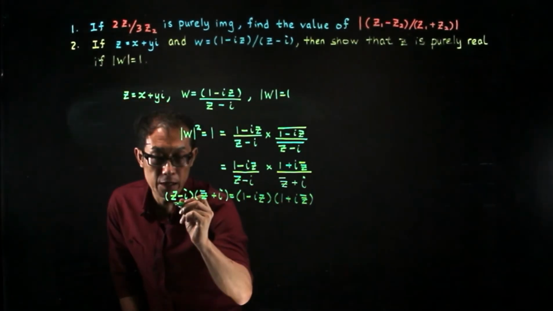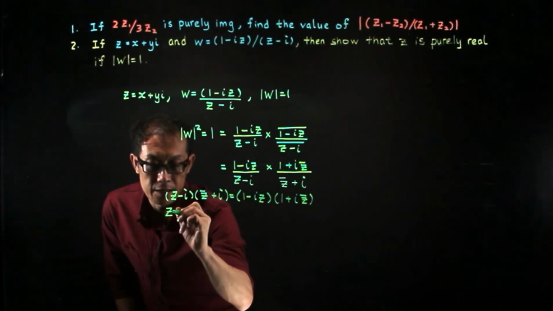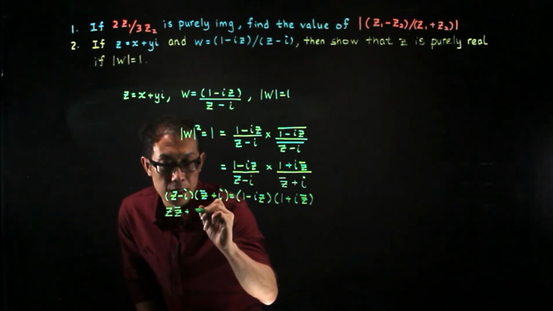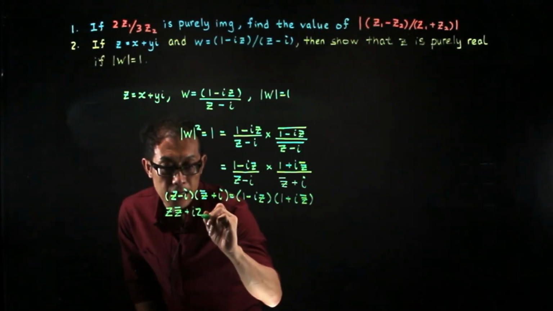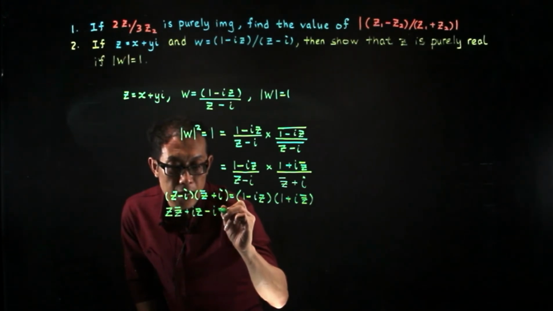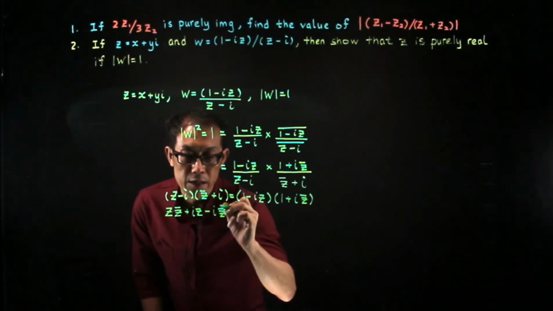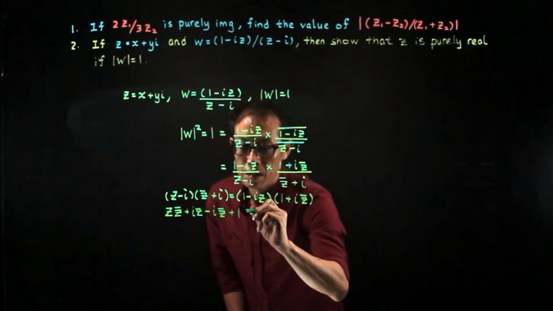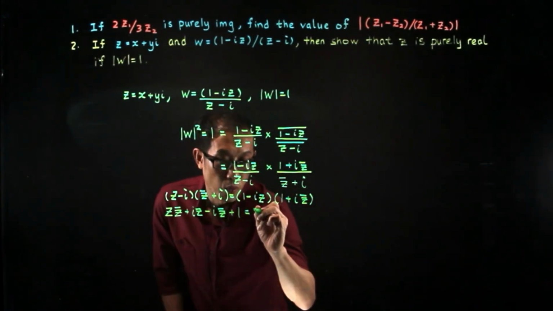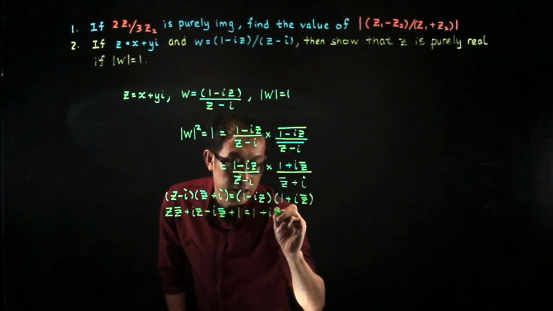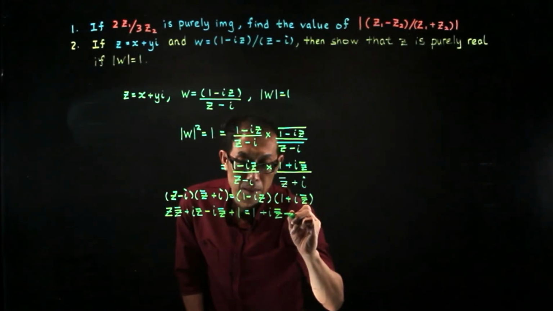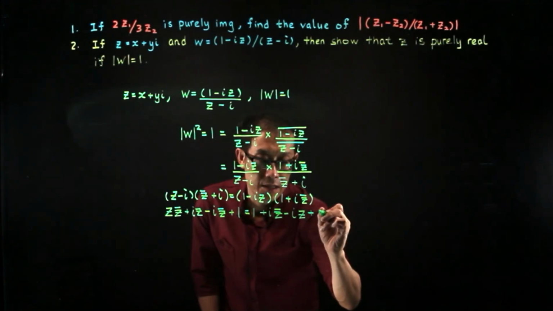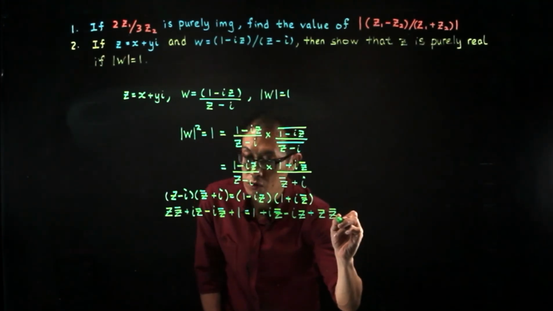So you multiply out, then you will get z conjugate z plus iz minus i z conjugate plus 1, equal to 1 plus i conjugate of z minus iz plus z times z conjugate.